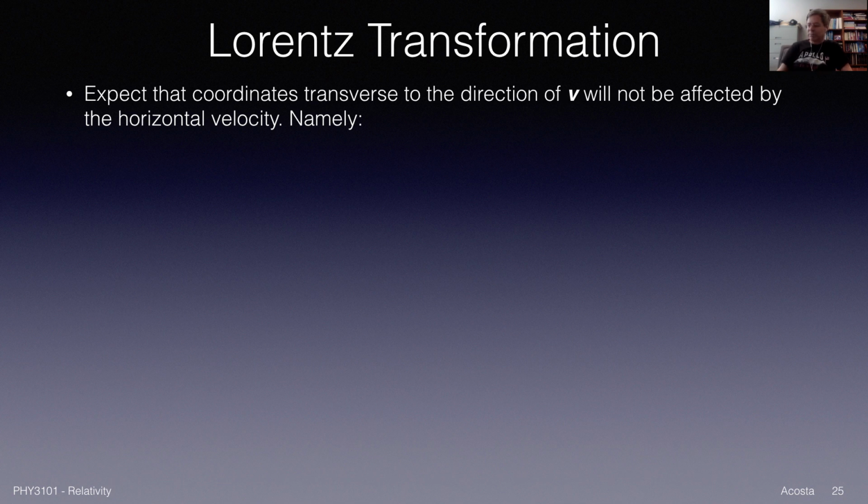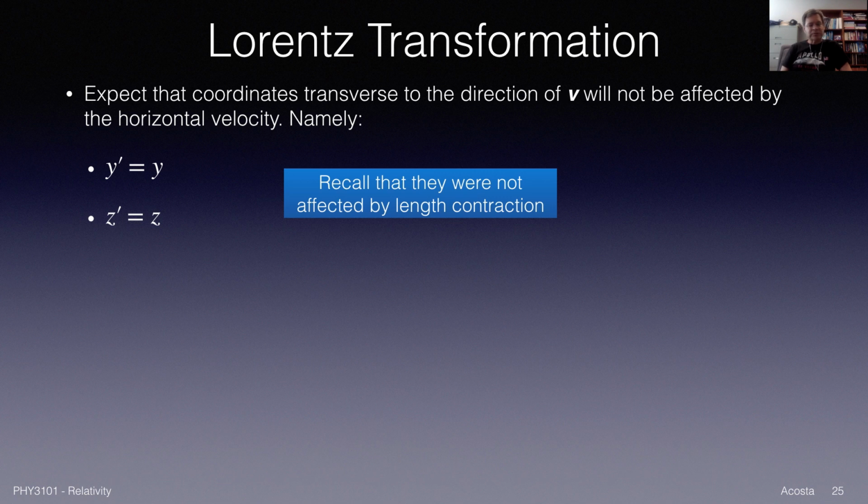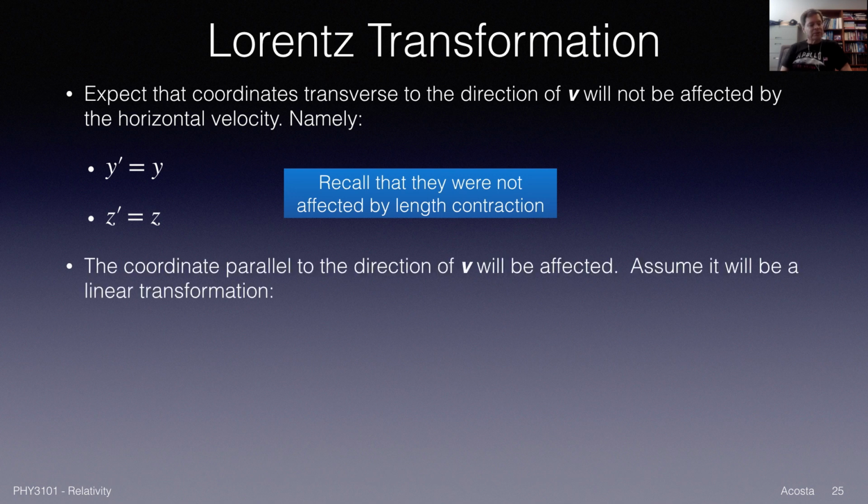It's only coordinates parallel to that velocity vector. So namely, y prime will be y and z prime will be z. Recall that those transverse directions were not affected by length contraction in a previous lecture. But the coordinate parallel to v, the velocity vector for one frame relative to the other, will be affected.